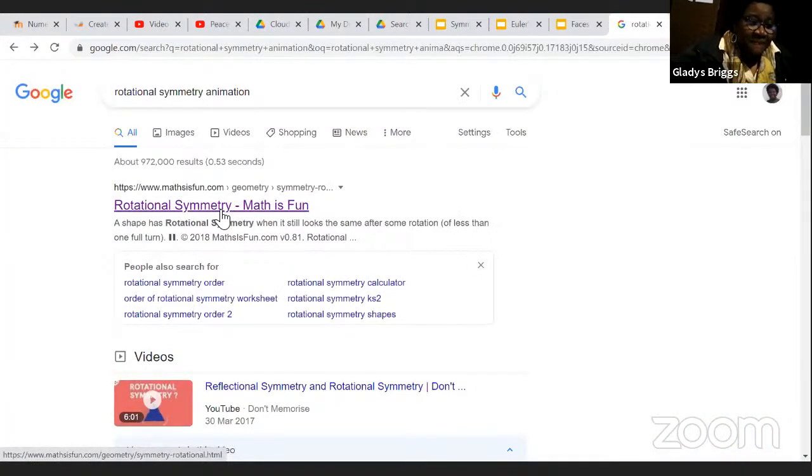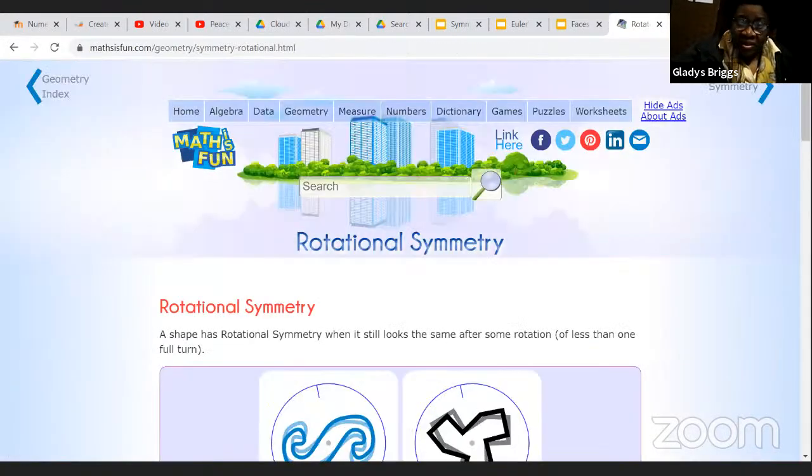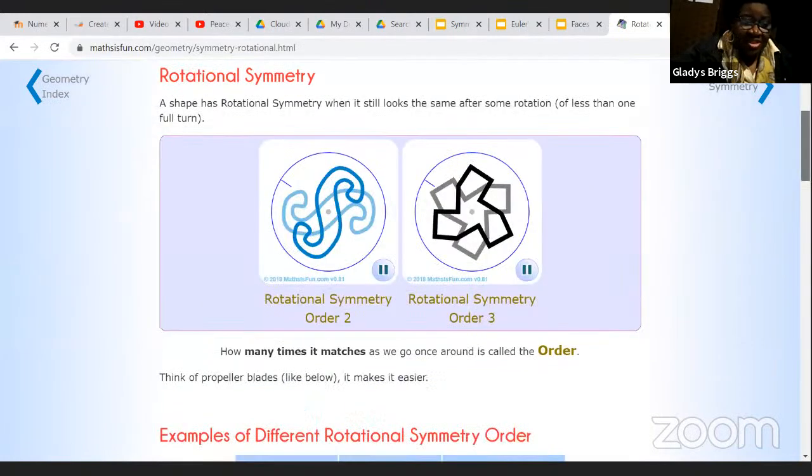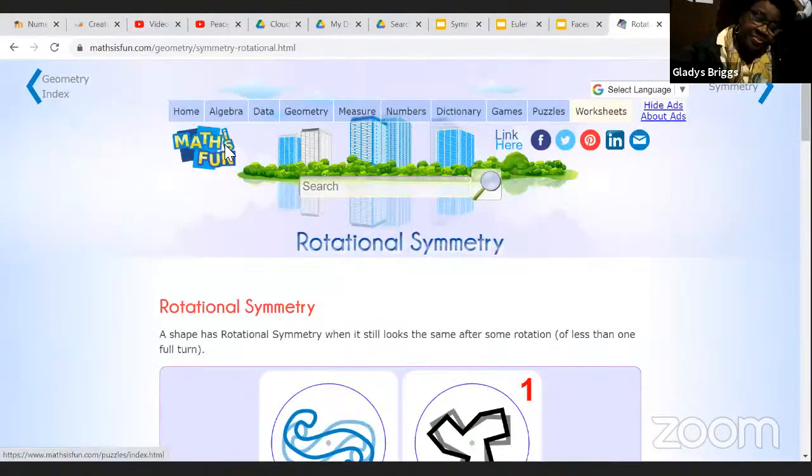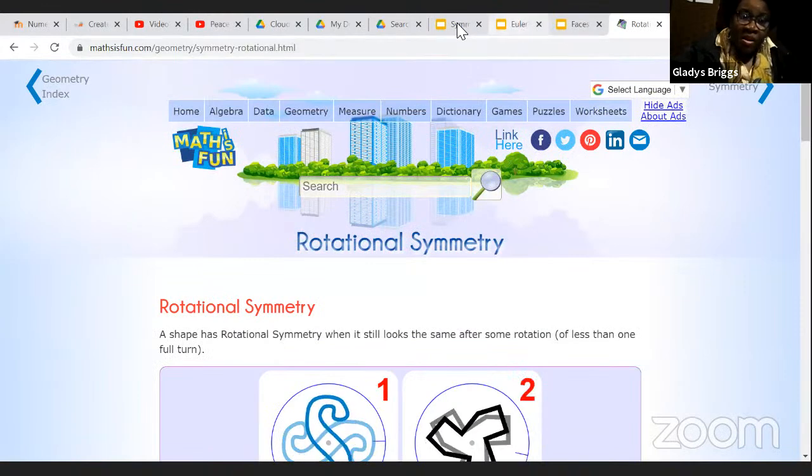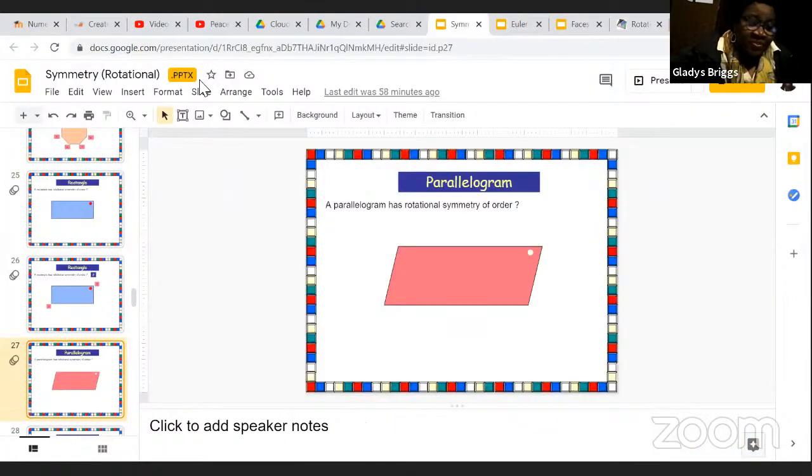So we're looking at rotational symmetry. Is this one? Okay. So how about the parallelogram then? Let me do the presentation.